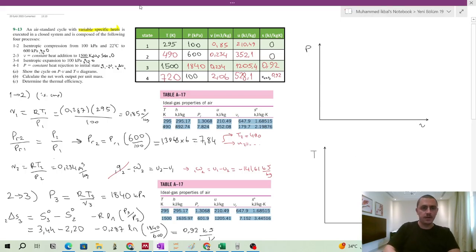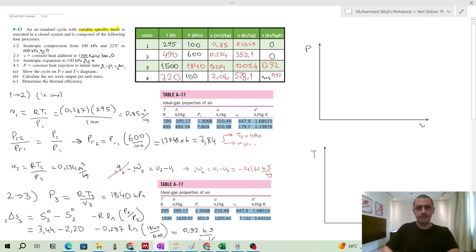Let's put our points. For PV I have three pressures, 100, 600 and 1,840, and three volume values.